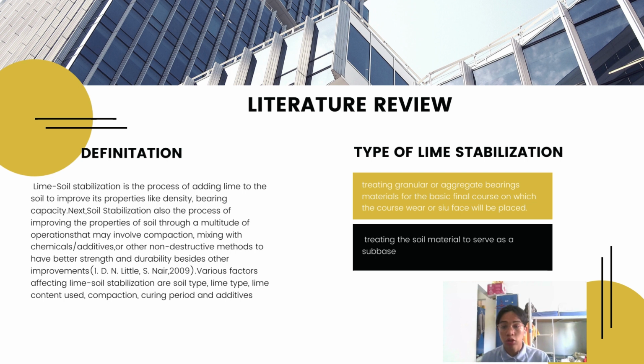Next, stabilization is also the process of improving the properties of soil through a multitude of applications that may involve compaction, mixing with chemical additives or other non-destructive methods to have better strength and durability besides other improvements. Various factors affecting lime soil stabilization are soil type, lime type, lime content used, compaction, curing period, and additives.